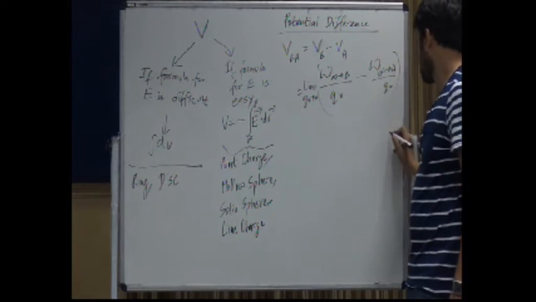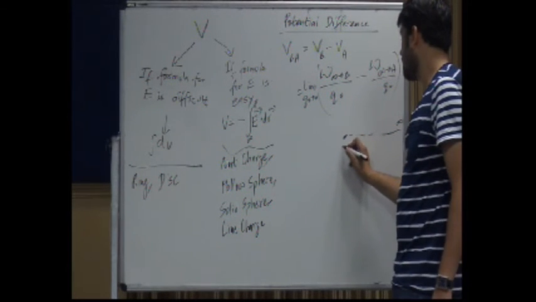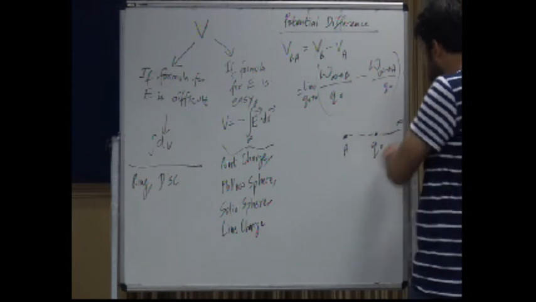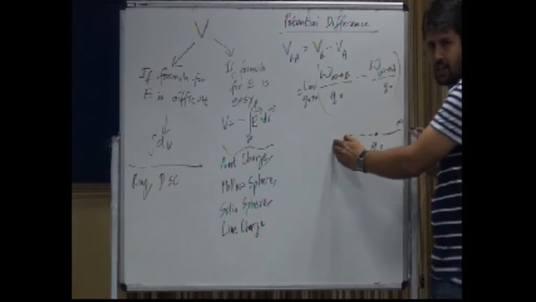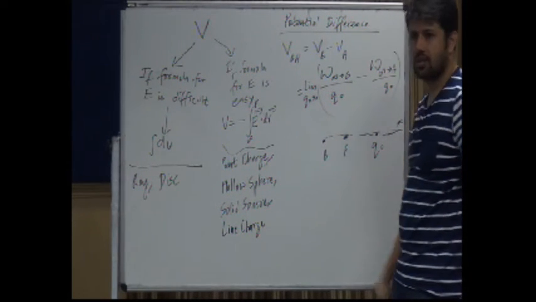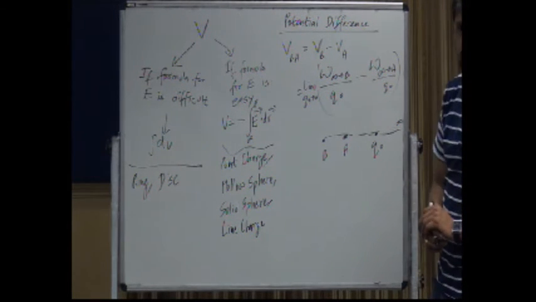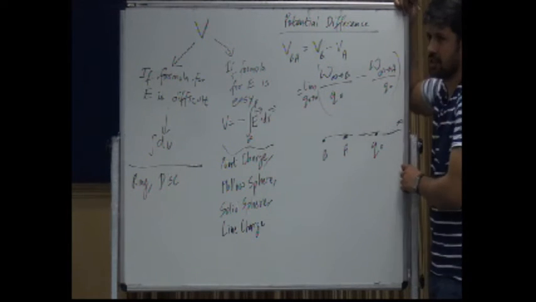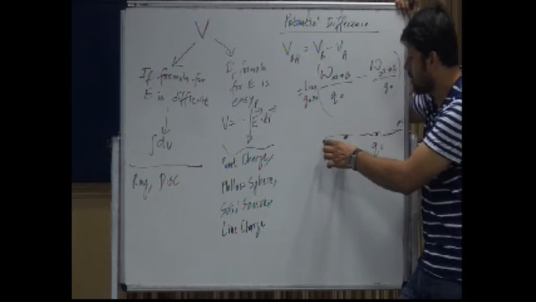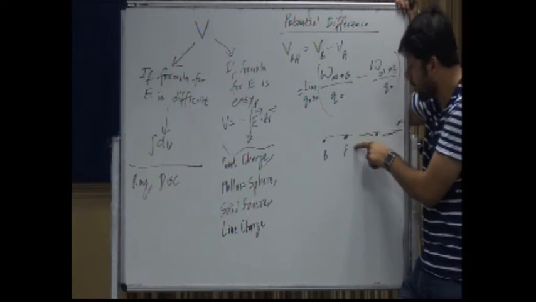So this is infinity, you are bringing a charge Q naught: first you brought it from infinity to point A, then from infinity to point B. Since work done is a scalar quantity, the difference of these two work dones would be how much? Work done in taking the charge from A to B.